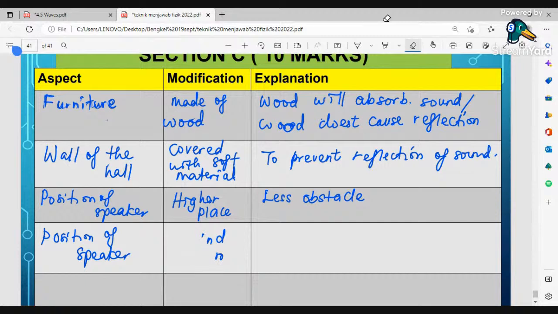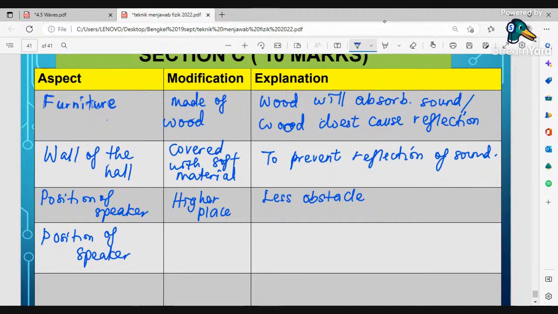Because we don't want the sound produced by the microphone to be interrupted by the speaker. Means the sound is produced by the mic first, and then the speaker produces.